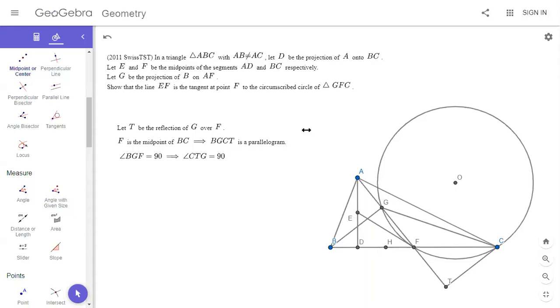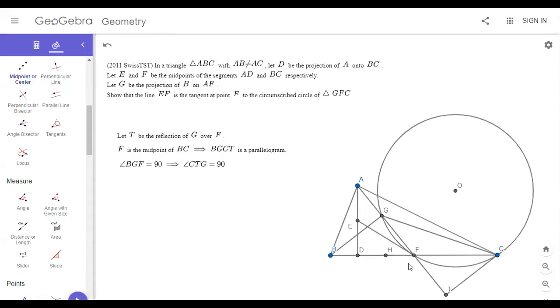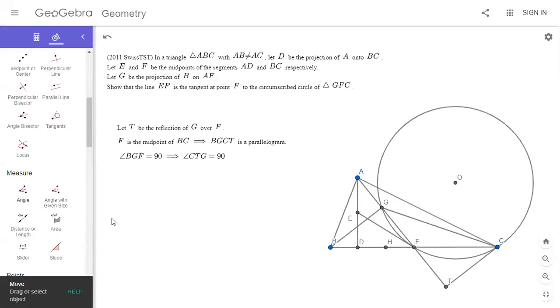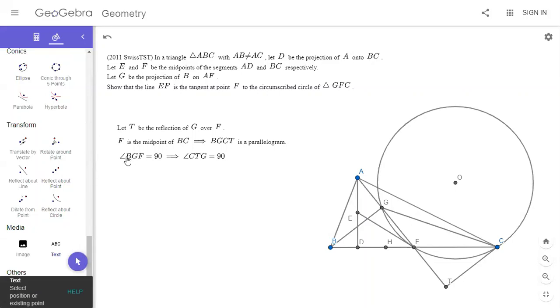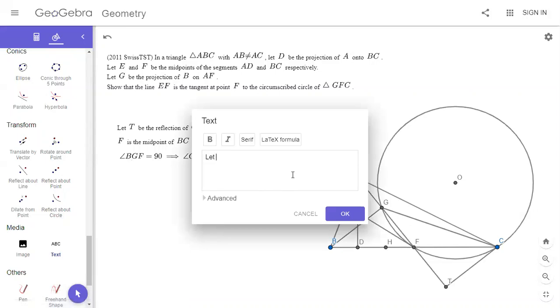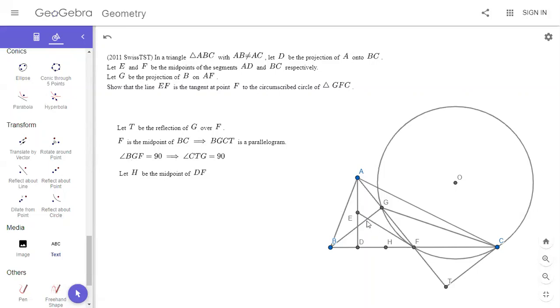Okay. I'm going to write it out this way. So I think what I'm saying is essentially the same. So let H be the midpoint of DF. So then HE is parallel to AF.